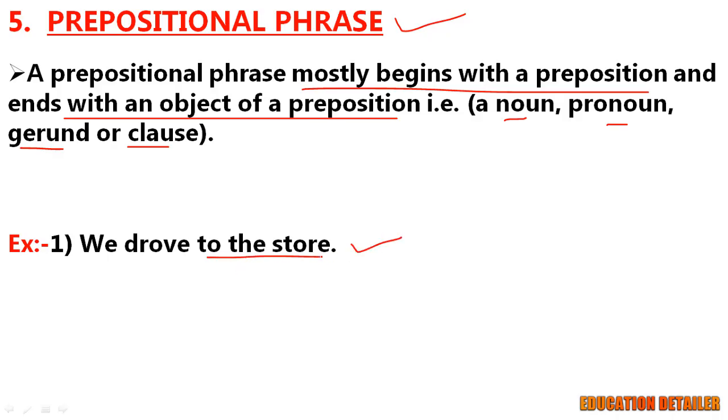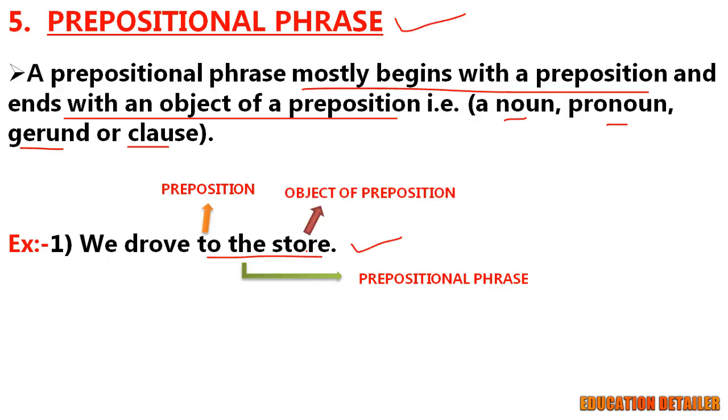To the store is a prepositional phrase, and look at here, it begins with a preposition to and ends with an object of preposition store. The is a determiner, an article, we all know.